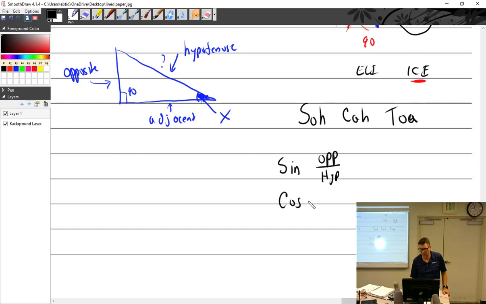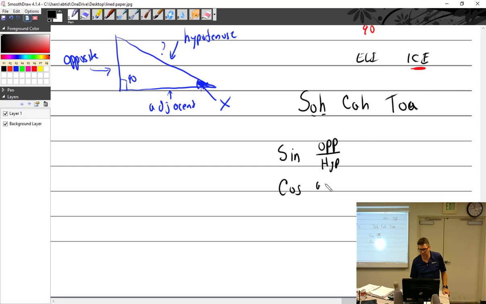Cosine is adjacent over hypotenuse. And tangent is opposite over adjacent. If you know the opposite and the hypotenuse, you would use sine. If you know the adjacent and the hypotenuse, use cosine. If you know the opposite and adjacent, you can use tangent. We're going to know all three sides, so you can use sine, cosine, or tangent. You'll get the same answer, and I'm going to show you how to do that.